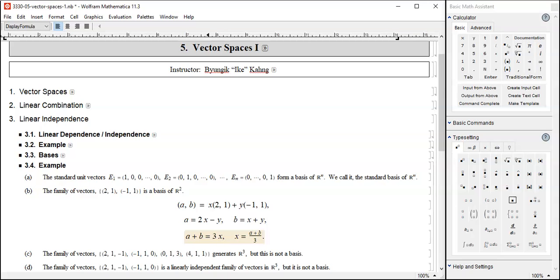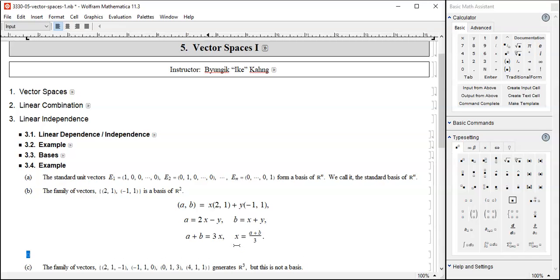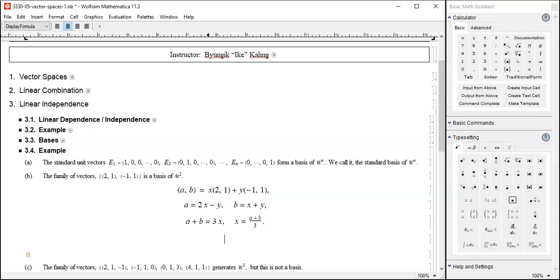Okay, I have it here. And then how about y? Well, let's see. Shall I use this one? Shall I use that one? So b is equal to x plus y, so y is equal to b minus x.